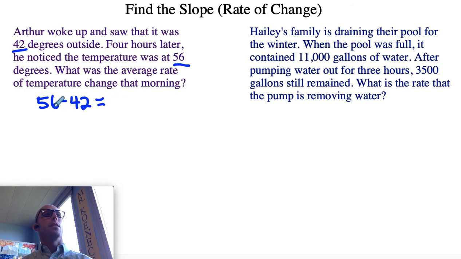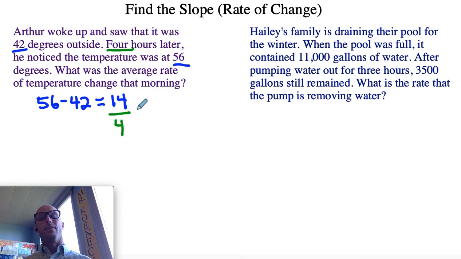It went up 14 degrees. But that's not the rate, because it didn't do that in an hour. It did that over the course of 4 hours. So this is 14 degrees, but over 4 hours.